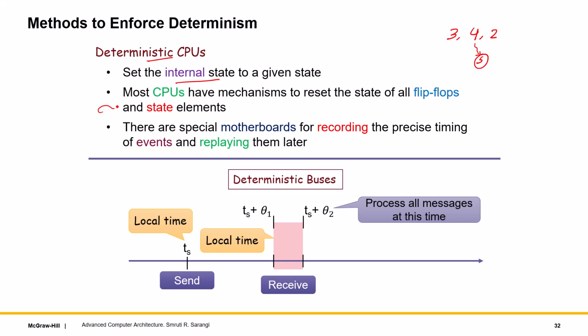There are of course modern mechanisms where we can set the value of every single flip-flop, reset them, and then record a set of events with their precise timing. There are specialized motherboards to do that, and just replay the set of events for debugging. This will ensure that whatever I see in the field, I can reproduce in the lab reasonably easily and predictably. And that case will not happen that I saw some 1 in a million case in the field, but I'm never able to see it in the lab.